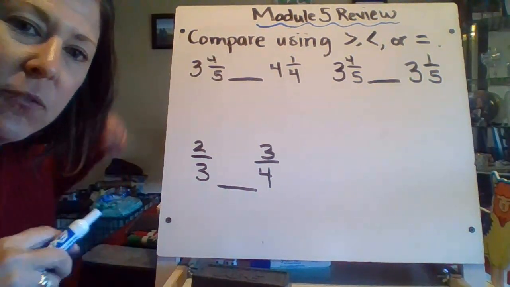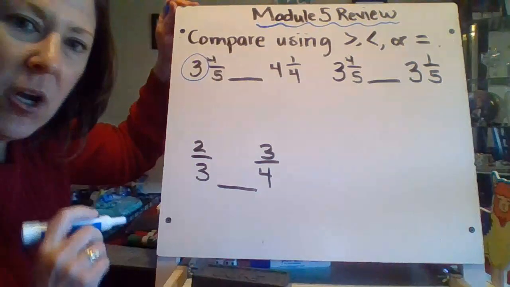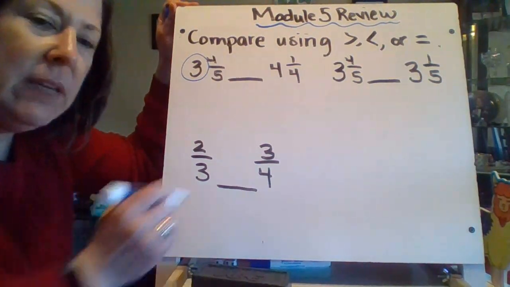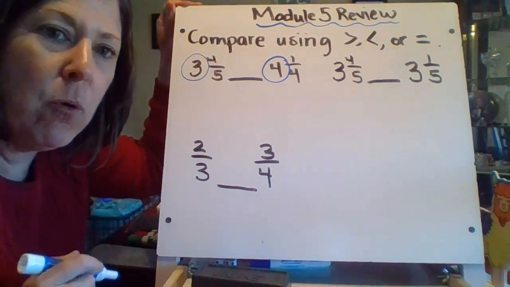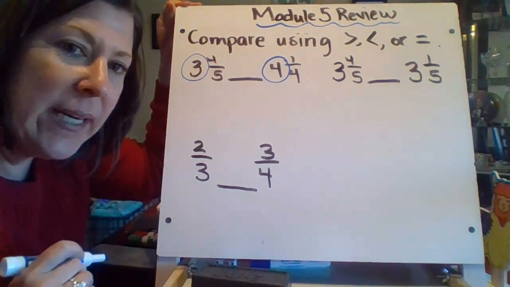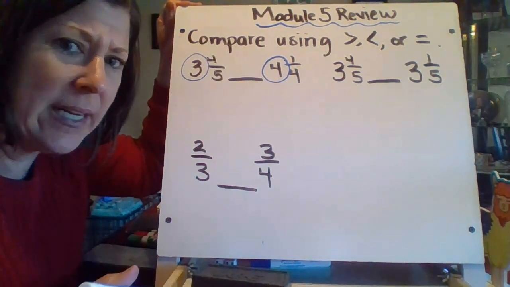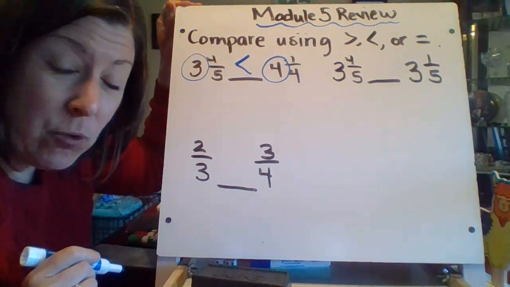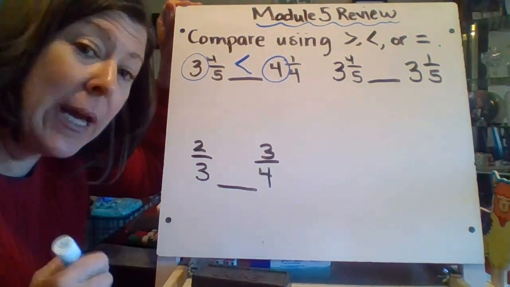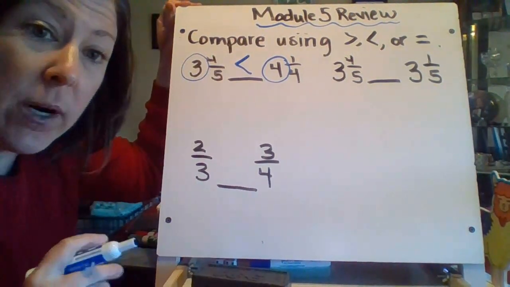In this first example, I have 3 4/5 and 4 1/4. 3 whole things versus 4 whole things. Well, 3 is less than 4, so that means 3 4/5 is less than 4 1/4.